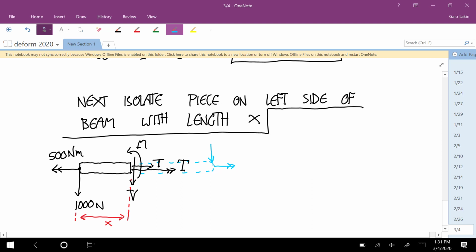But everything this represents includes everything all the way to the left, but it doesn't ever include everything all the way to the right. So it includes this piece, this piece, this piece, this piece. All that changes is x, and that's how we're going to get the function. This free body diagram is representative of all these infinitely many pieces of beam that start at the left and end somewhere before you get to the end. Are you with me on that?